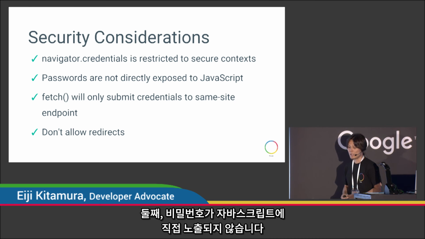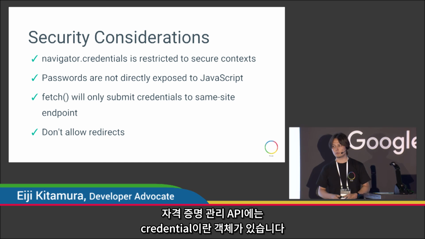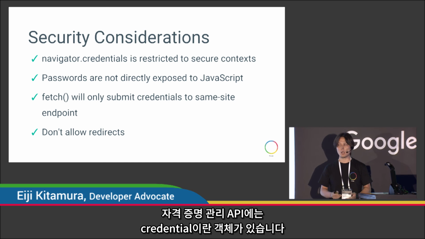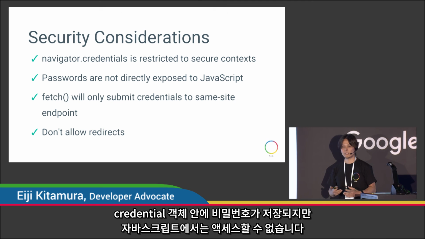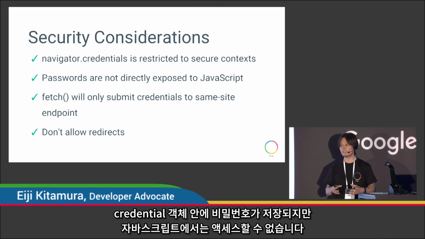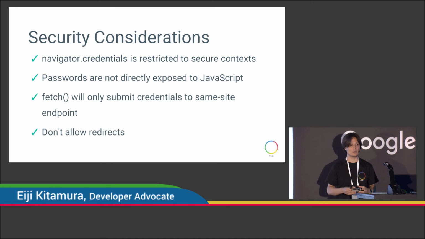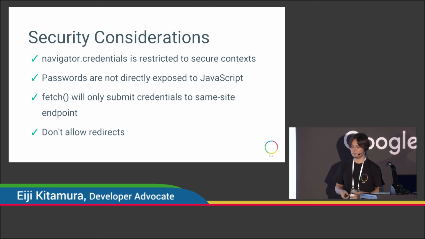Secondly, passwords are not directly exposed to JavaScript. When you're using the Credential Management API, you will get an object called a credential object. Inside the credential object, you have the password, but you cannot access it from JavaScript. It's available only when it's delivered to the server.